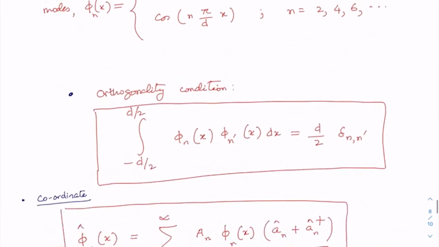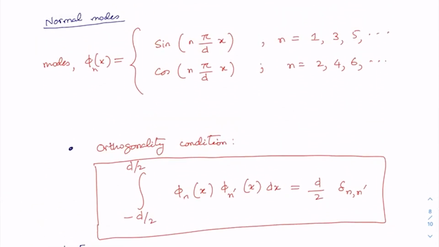These modes would be either a sine function or a cosine function depending on n. For n equal to 1, 3, 5, the shape of the mode would be a sine function. For n equal to 2, 4, 6, 8, and so on, the shape of the function would be cosine.